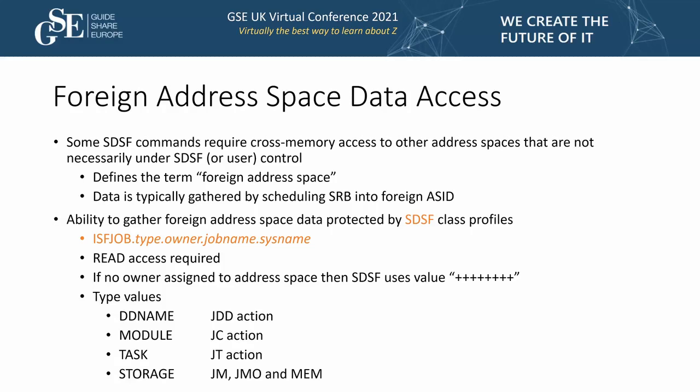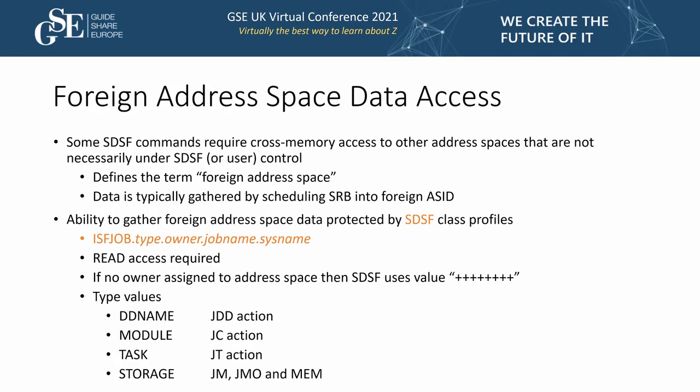And you typically need read access to that profile in order for the data gathering to occur. There are obviously some address spaces in the system that don't have an owner assigned to them. If we detect this, then we just use eight pluses. And there are examples here of the sort of things that we use this for.